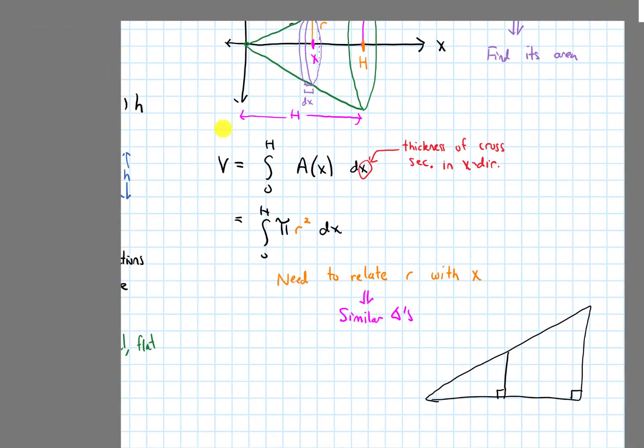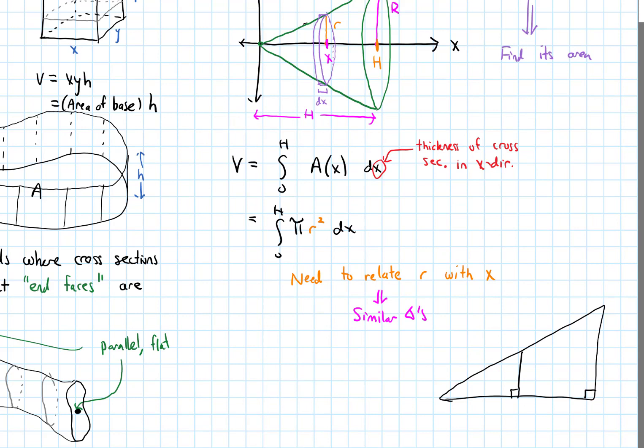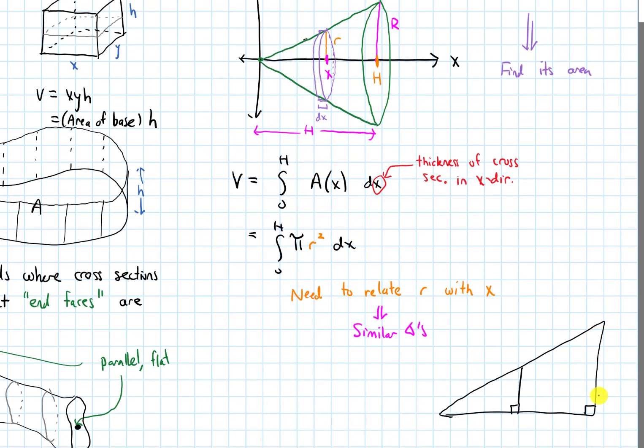If I reference our picture up here, in the big triangle, this vertical distance is capital R. The big horizontal distance is capital H. In the small triangle, that vertical distance is lowercase r, and that horizontal distance goes from the origin to x. So that is just x, whatever the x coordinate is, that distance.